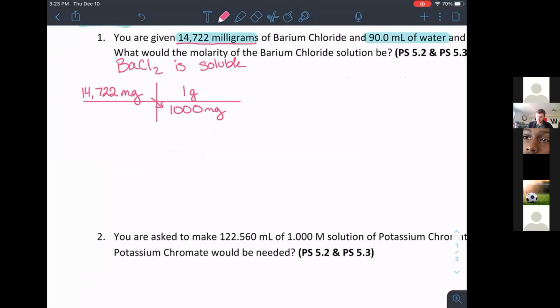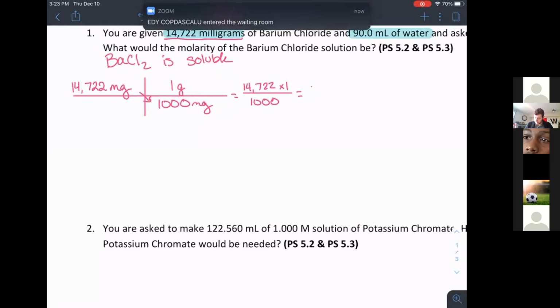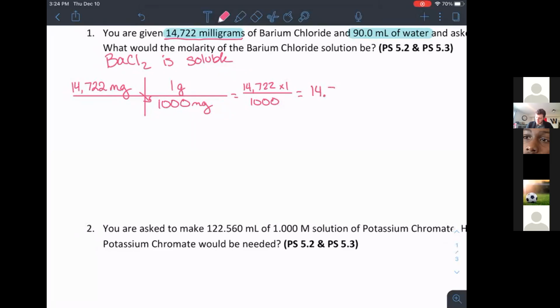Which means I'm going to multiply 14,722 times the 1, and divide it by the 1,000, and we should figure out that this is really 14.722 grams. So our mass is really 14.722 grams, not the 14,722 milligrams.